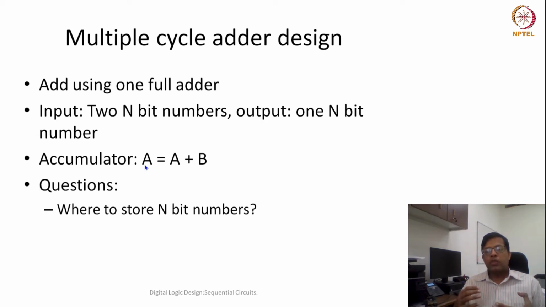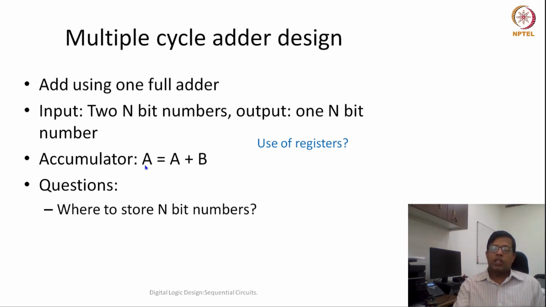We are saying that this addition would spread over multiple cycles, so we have to store these n-bit numbers A and B somewhere. Where shall we store them? Since we have already studied registers and flip-flops, we can use n flip-flops to create a register.